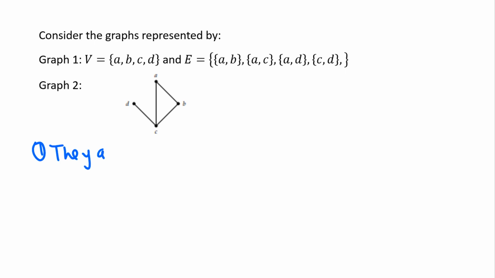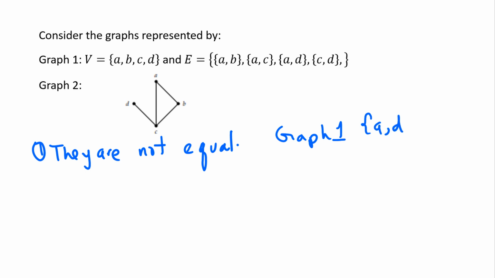They are not equal. Now, I didn't know this right away. I had to look at it for a little bit. I know that they are not equal because we notice that there is an edge in graph 1 from A to D. So in graph 1, we have an edge AD as an element of the edge set, but in graph 2, no such edge.